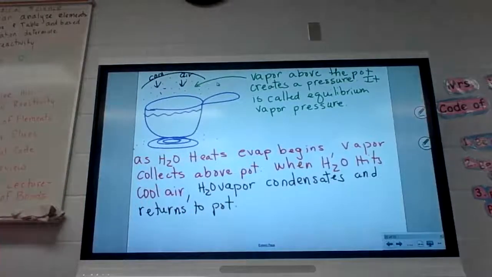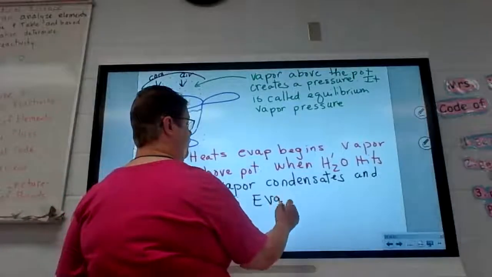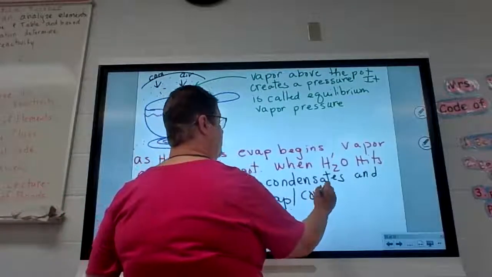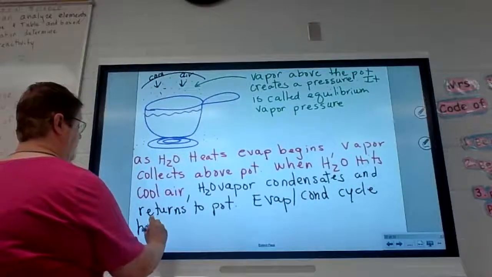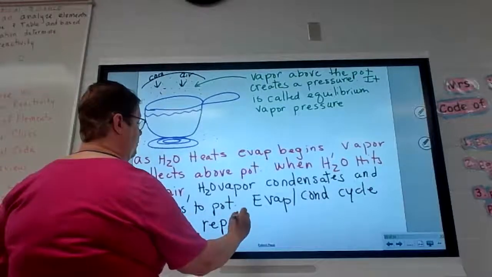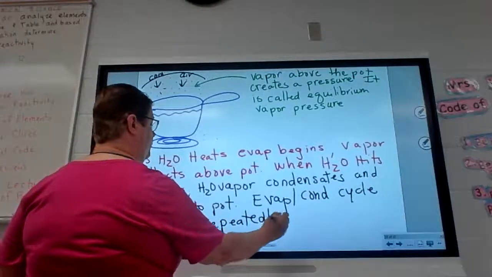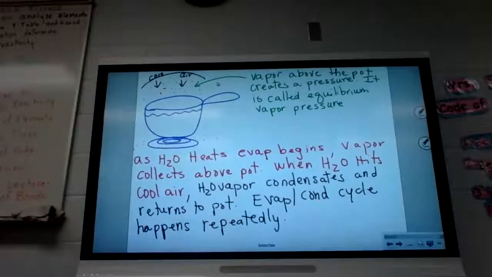Now, this evaporate, condense cycle happens repeatedly. So water is going to continue to evaporate and condense over and over and over as the water heats.